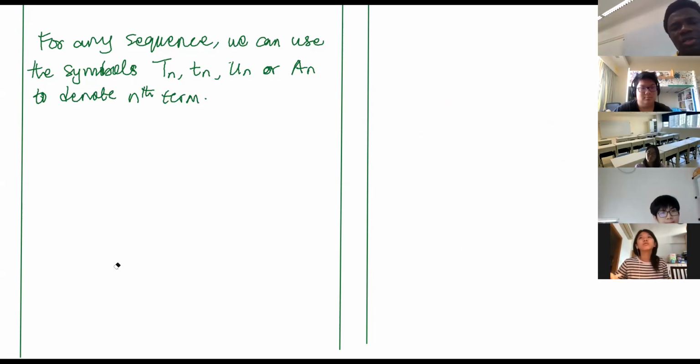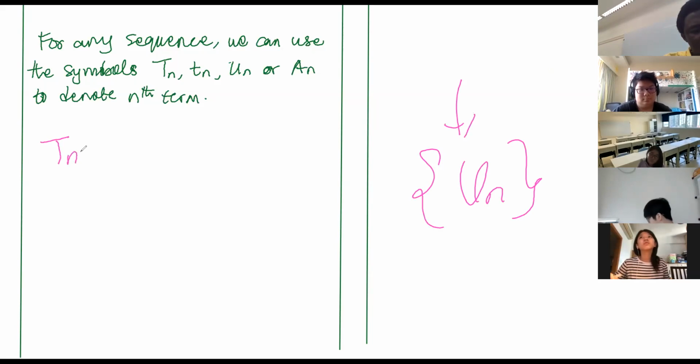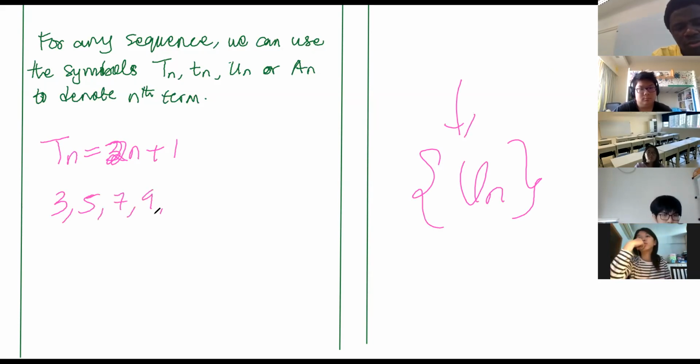So with this, if you use a curly bracket and the symbol for the nth term, we are talking about the sequence generated by this. For example, if I have Tn equals maybe 2n plus 1, let's use that. What are the terms in this sequence? Quickly. 3, 5, 7, yeah, 9.